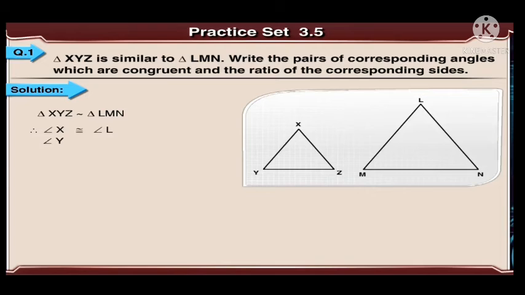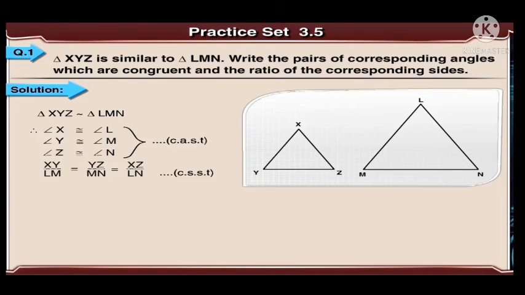Therefore, angle X is congruent to angle L, angle Y is congruent to angle M, and angle Z is congruent to angle N. The ratio of the corresponding sides XY upon LM is equal to YZ upon MN, that is equal to XZ upon LN.